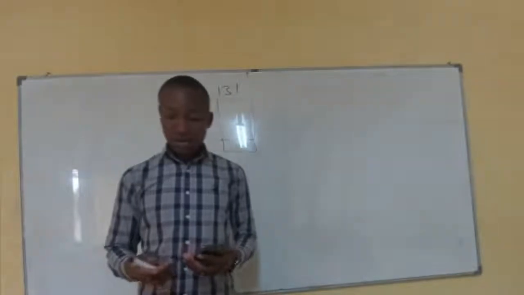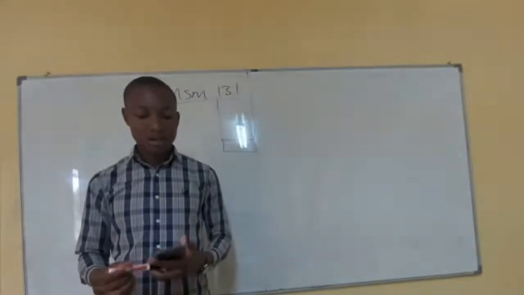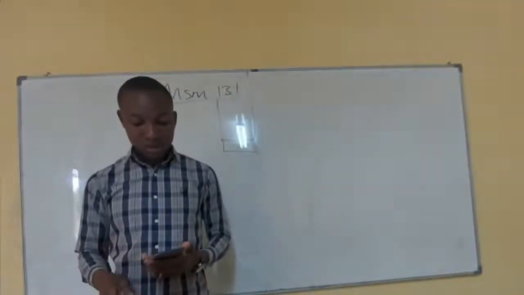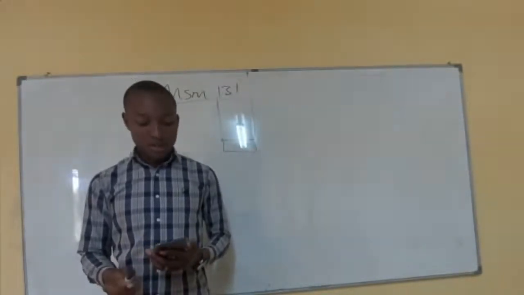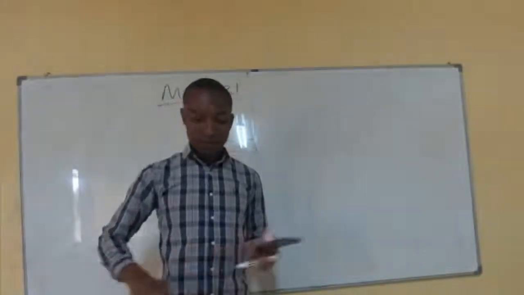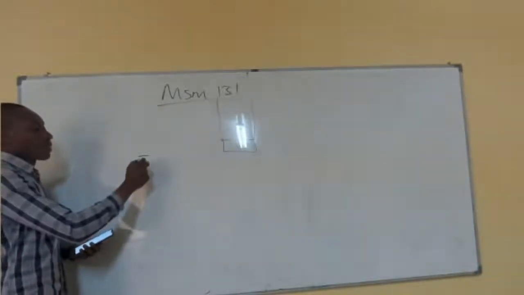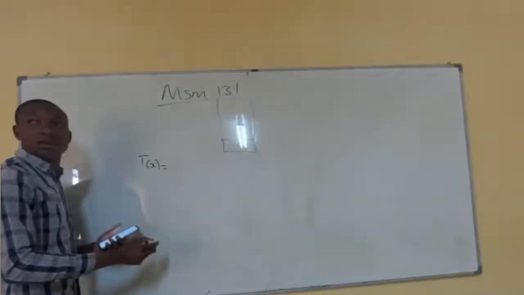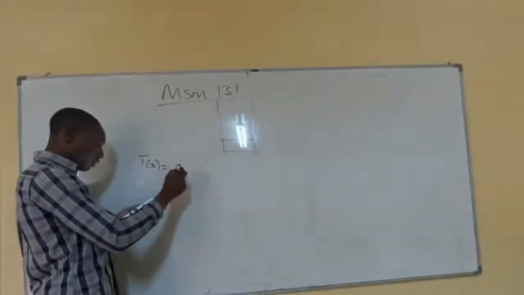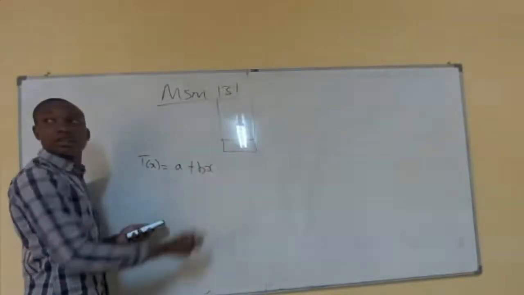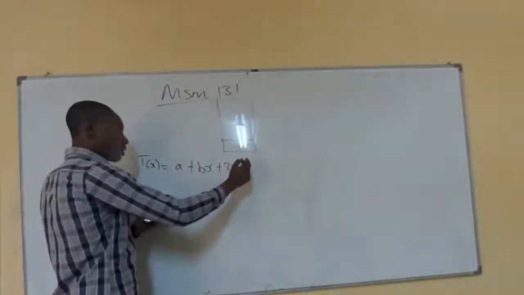Alright, good afternoon. So, MSM 131, we're going to look at tutorial sheet 3, and we're going to go to question 25. Question 25 says T(x) is equal to A plus Bx plus 2x squared.